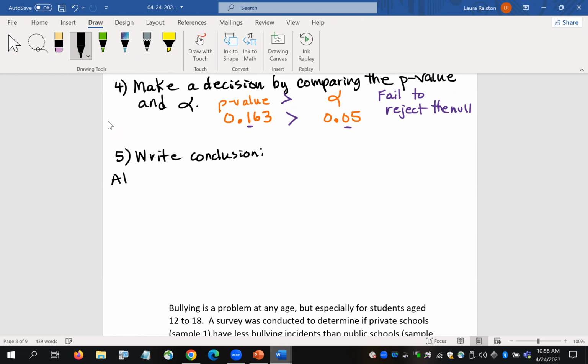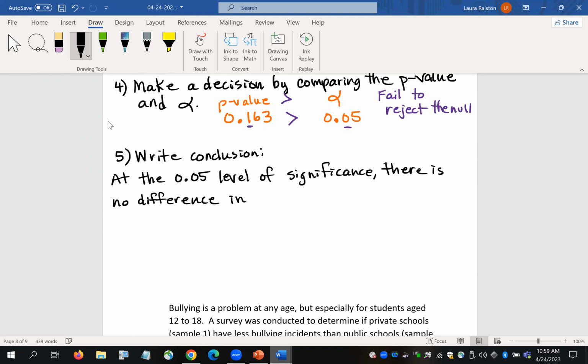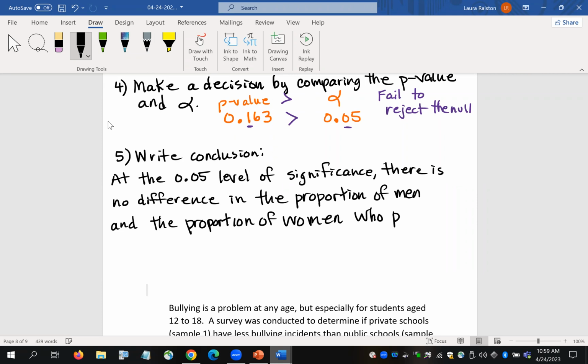So I would say at the 0.05 level of significance, there is no difference in the proportion of men and the proportion of women who prefer computer-aided instruction over lecture. And there you go.